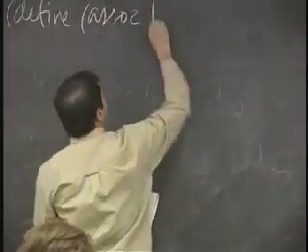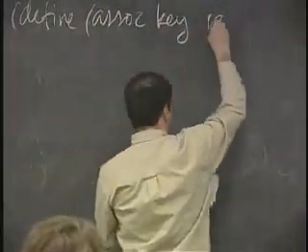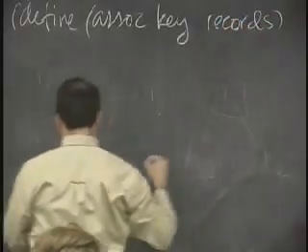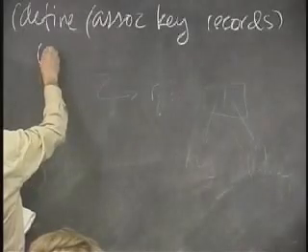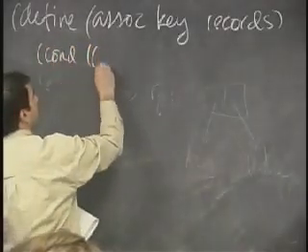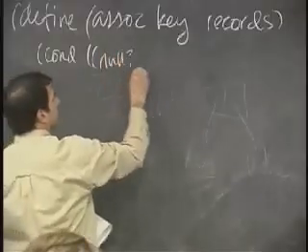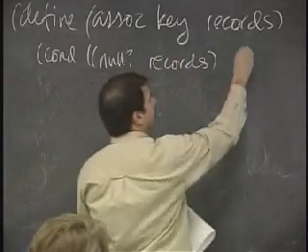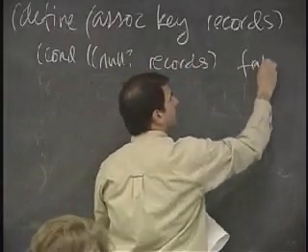Assoc is going to take key and records, plural. If we're out of records, that means there was nothing to find, and we return false.